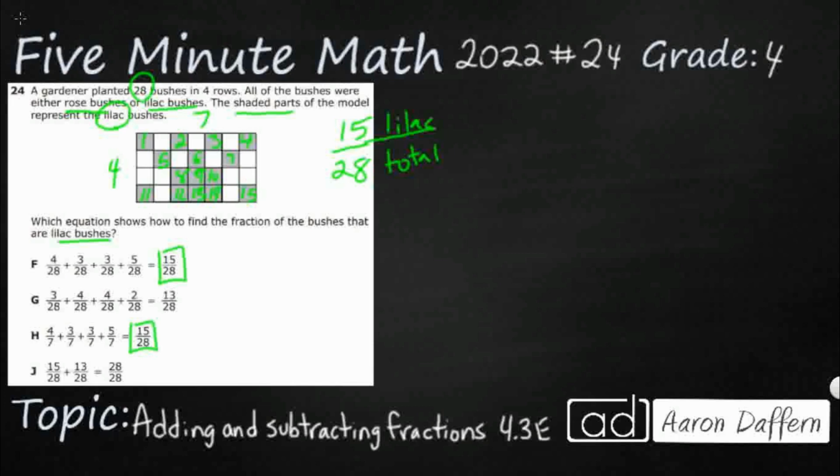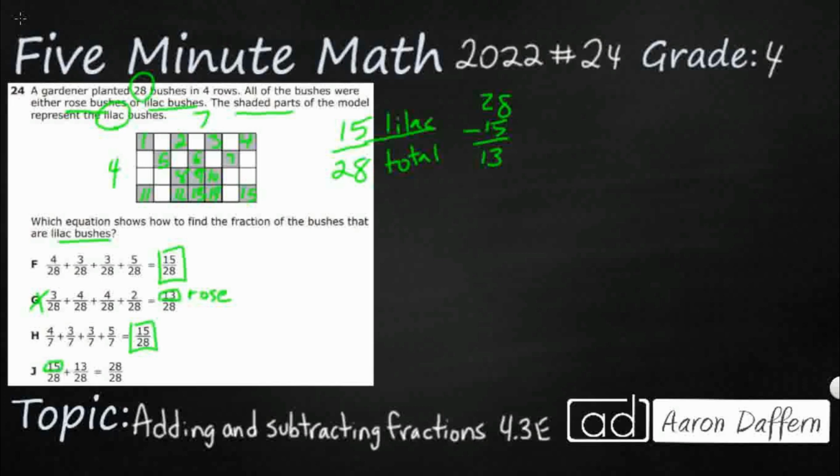If you take your 28 and you take away the 15 lilac, you're going to be stuck with 13. So guess what that 13 is? This 13 is actually going to be the roses, because they were either lilacs or roses. The lilacs were shaded, which means the roses are going to be the unshaded or the white, and that's going to be the G.